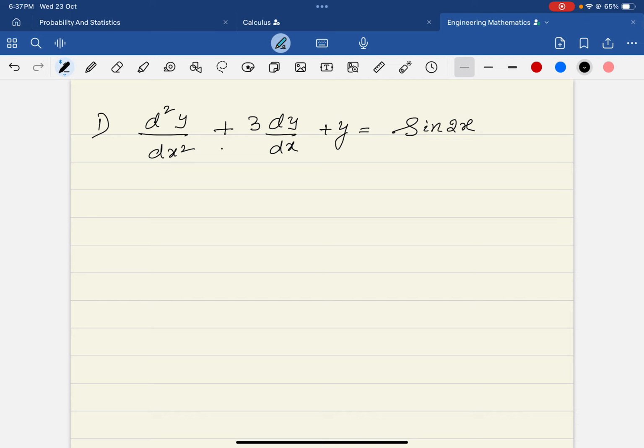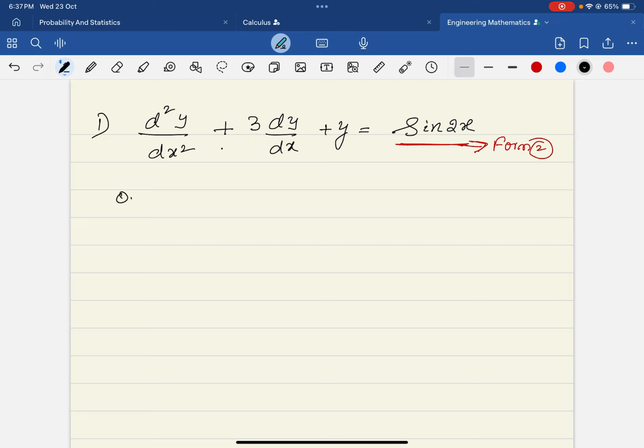As usual we have to find the complementary function and then the particular integral, as it is the non-homogeneous equation. Since it is sine 2x, it is form 2. Whenever sine or cosine is on the right hand side function, you have to follow form 2.